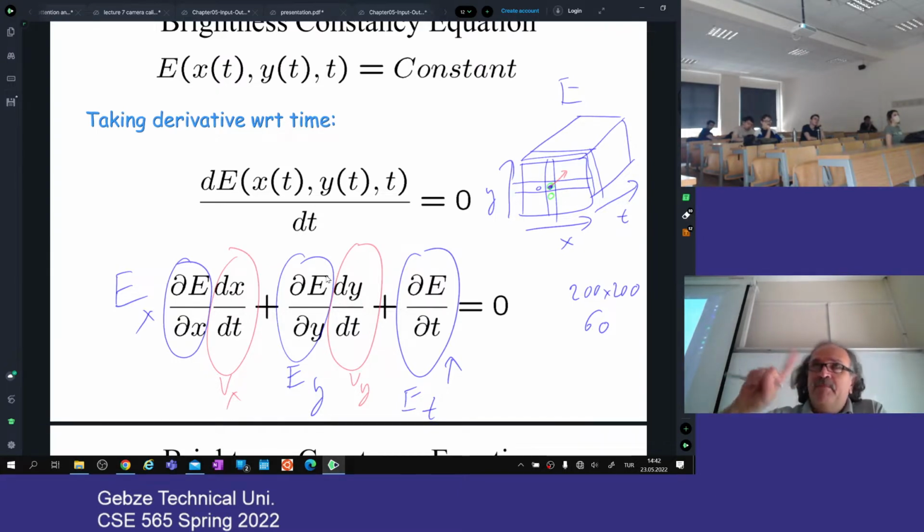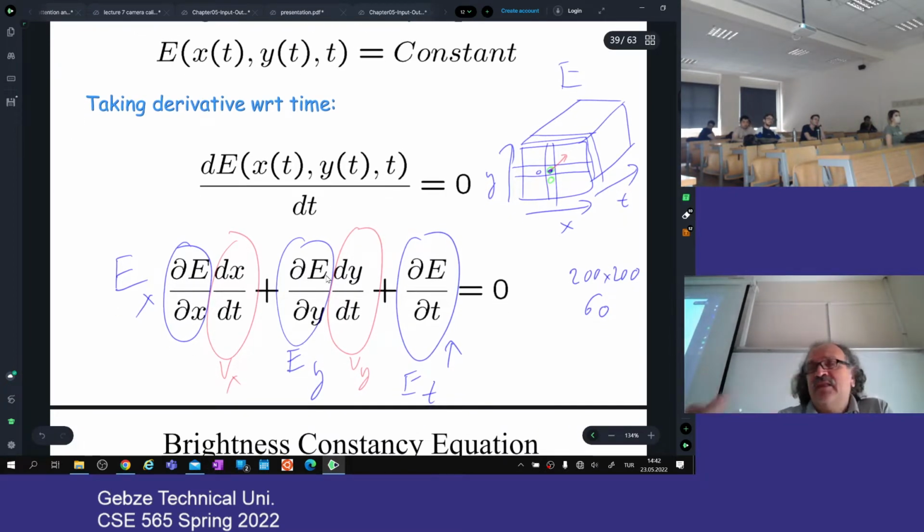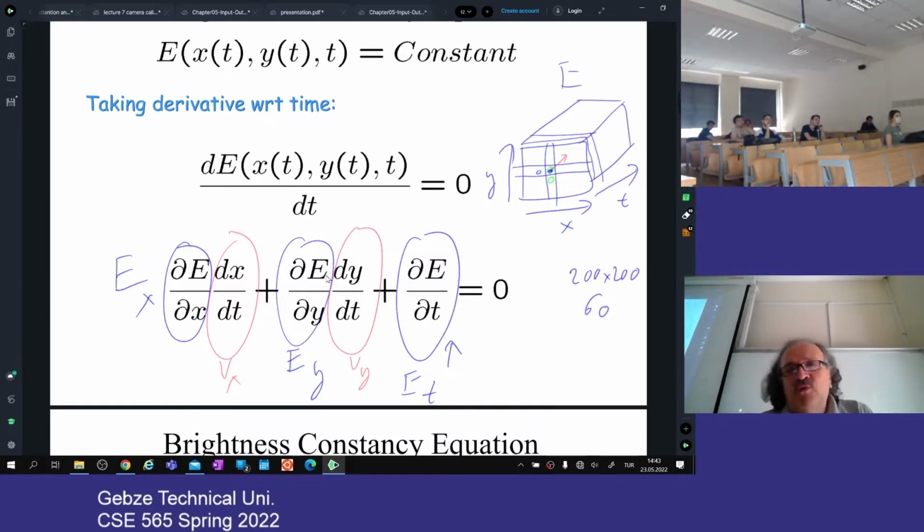One is the magnitude of the velocity, the other one is the direction. If the direction is the same as this one, then I will get this magnitude. That's no problem. But if it is not, then I am not going to find the velocity of the moving pattern.